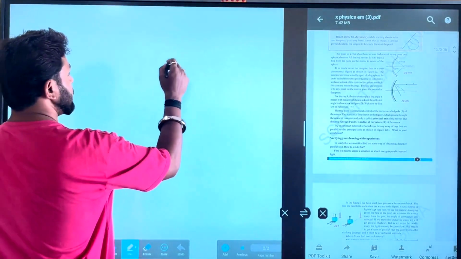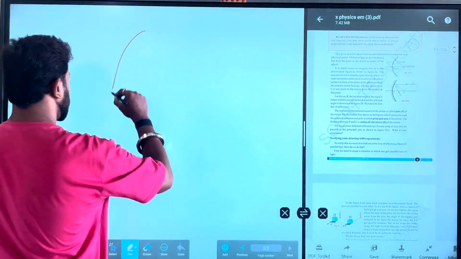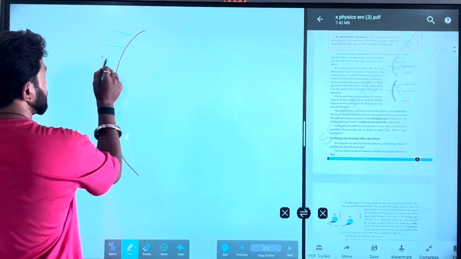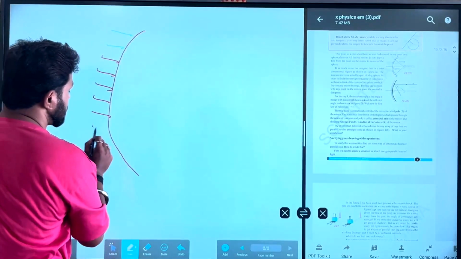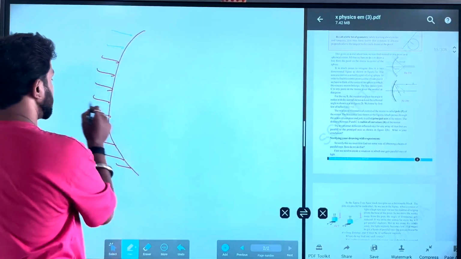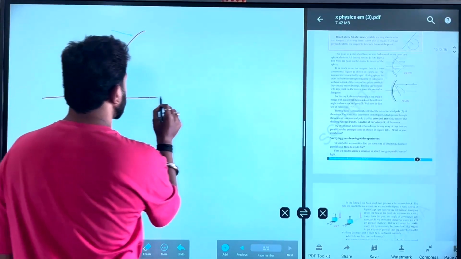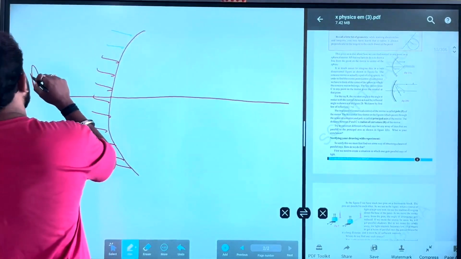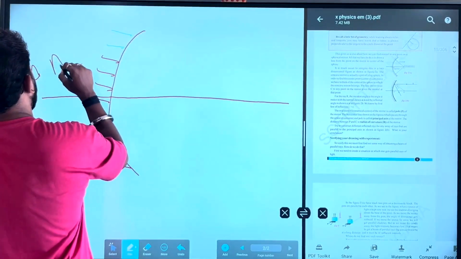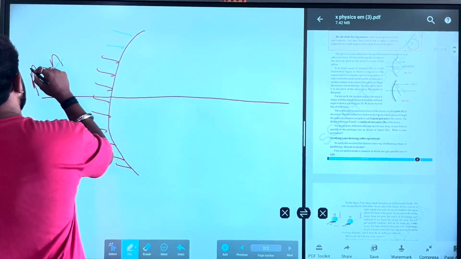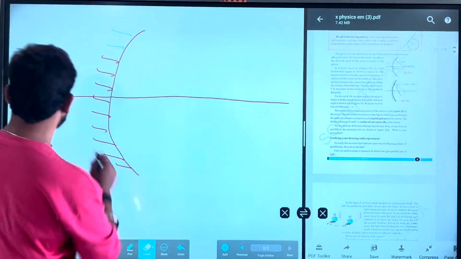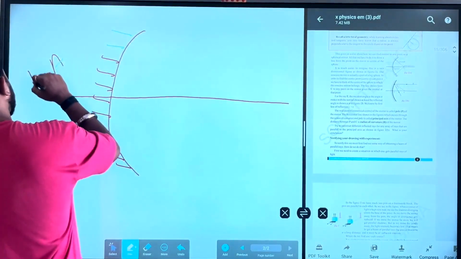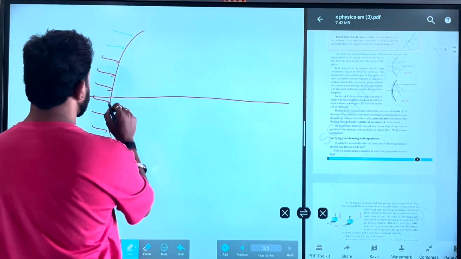Now suppose I have this mirror. This mirror is nothing but a concave mirror. I have a principal axis, this is PA, principal axis.